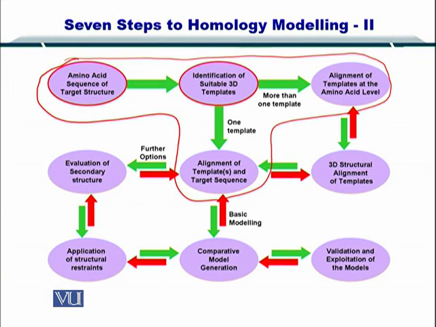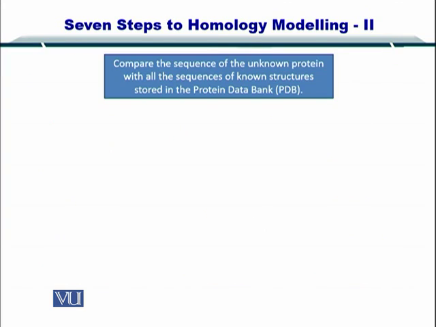So let's start. The first step is to compare the sequence of the unknown protein. The unknown protein is the protein which has the unknown structure. So you compare the sequence of that protein whose structure is unknown with all the sequences of proteins whose structures are known.